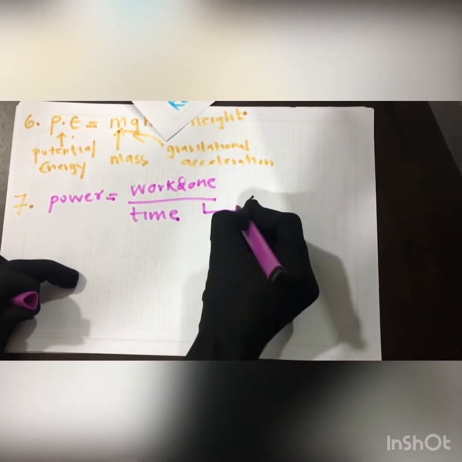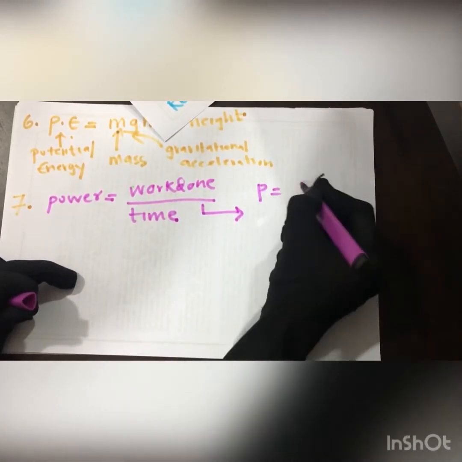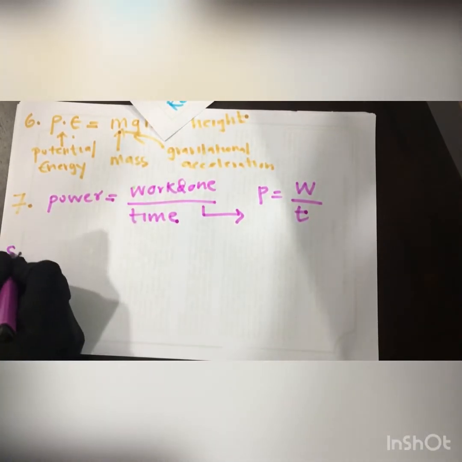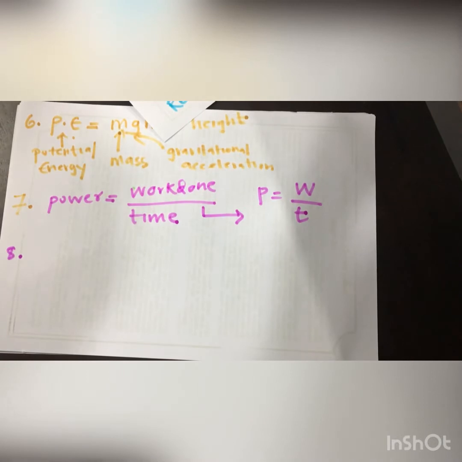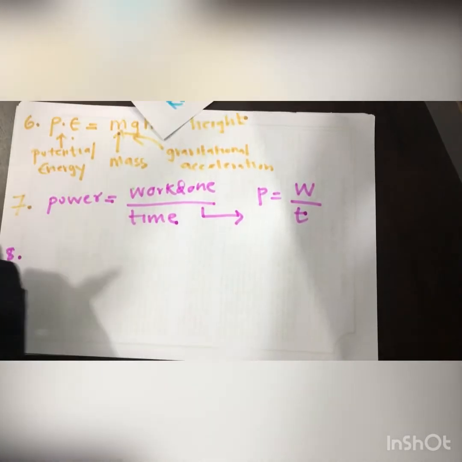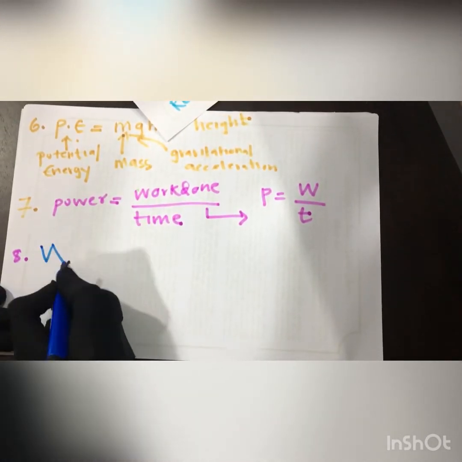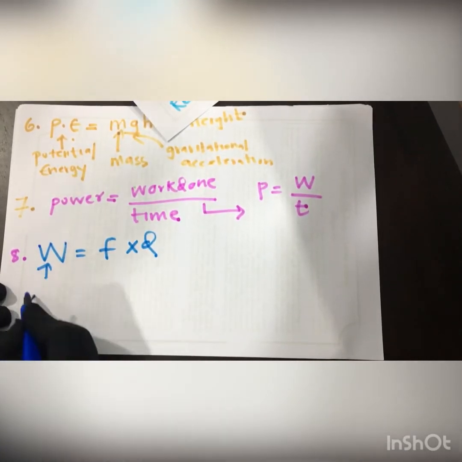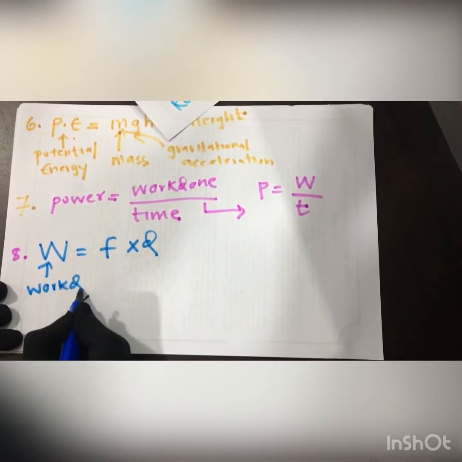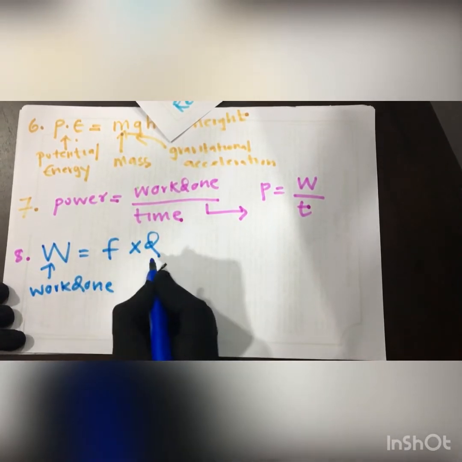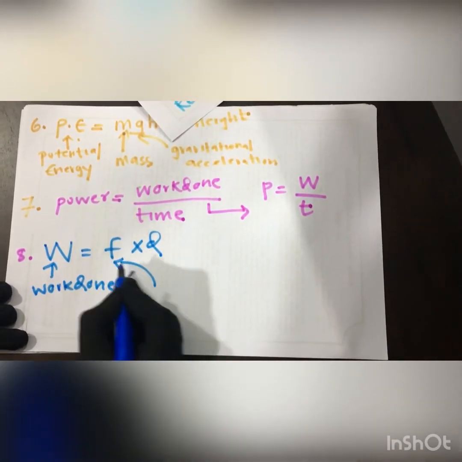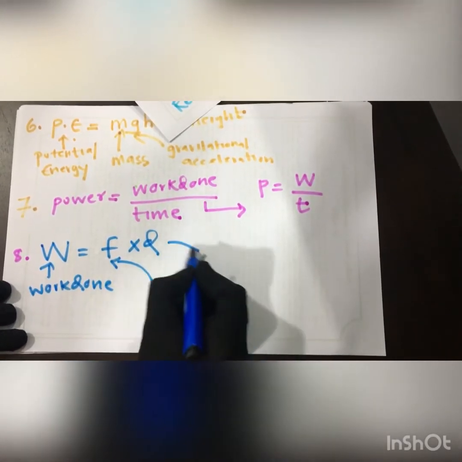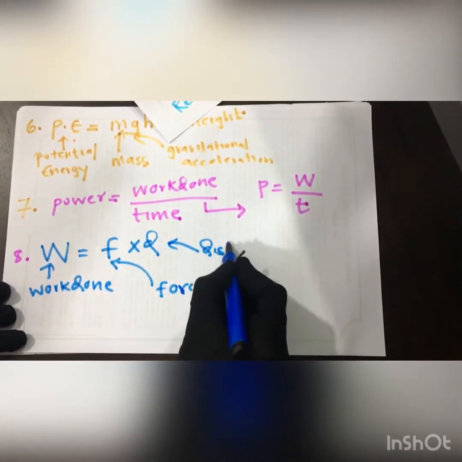We can shortly write this as P equals W over T. And then the eighth equation, work done equals F into D, the force into distance. F is the force, D is the distance.